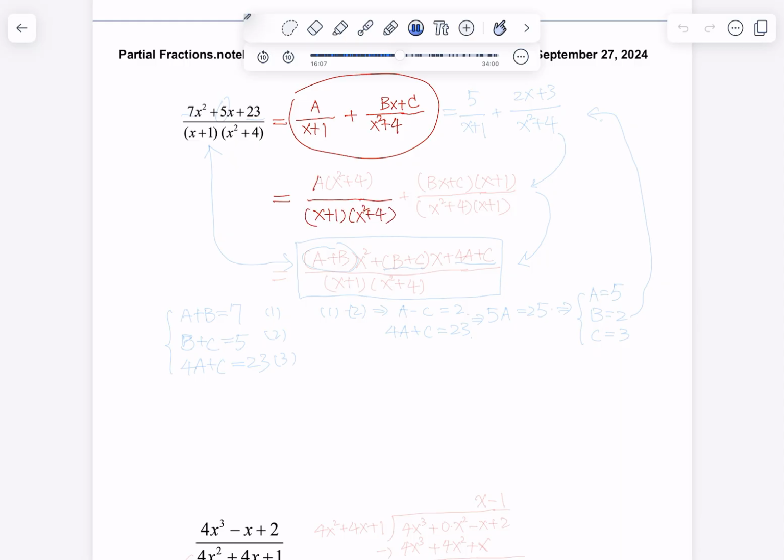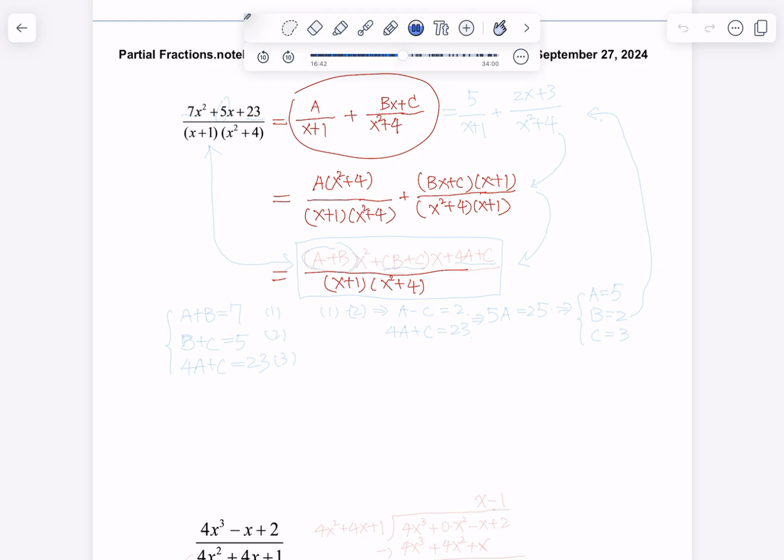There will be a times x squared plus 4, plus x squared plus 4 times x plus 1, bx plus c times x plus 1. Now we want to simplify it a little bit. The denominator will be just copied down.